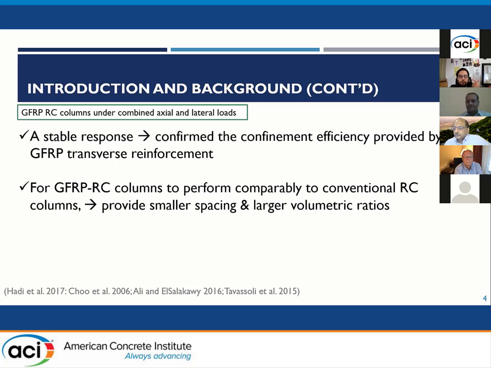This confirmed the confinement efficiency of GFRP as well. In the literature, researchers tend to increase the spacing and put in a large volumetric ratio if they want comparable performance to steel reinforced concrete columns.